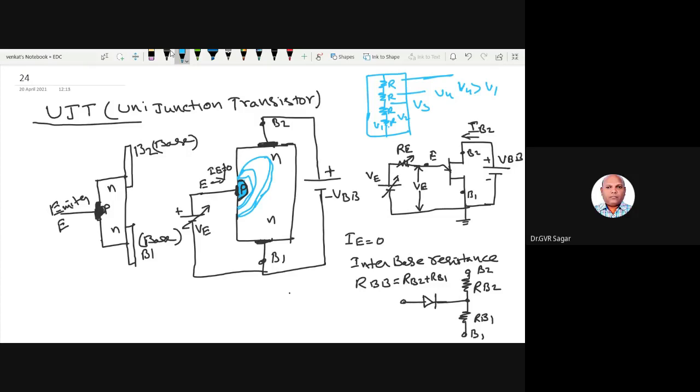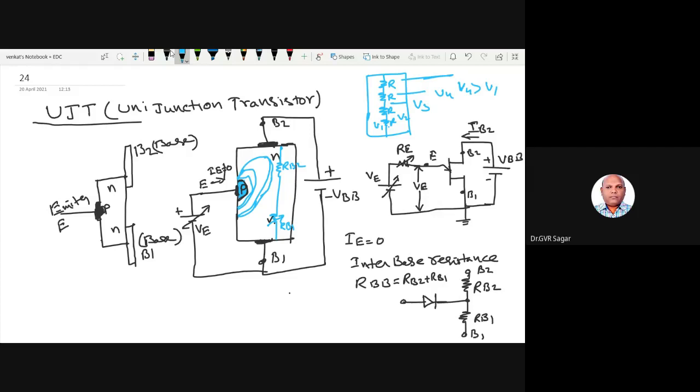So here this total N bar is replaced by the inter-base resistance. Here there is a potential drop across RB1 plus a voltage drop across RB2. The most important one is the potential drop across RB1, because it is very near to the emitter, right?